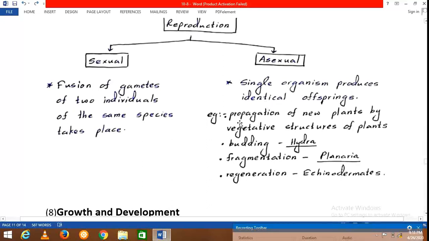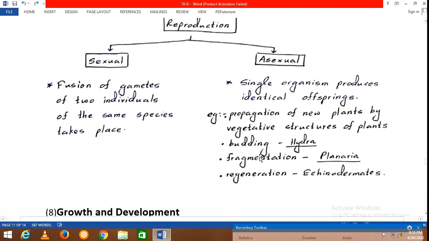As examples, plants undergo vegetative propagation. That means propagation of new plants by vegetative structures of plants. For example, if we plant a twig of a plant, it will produce an identical offspring or identical plant to the mother plant.